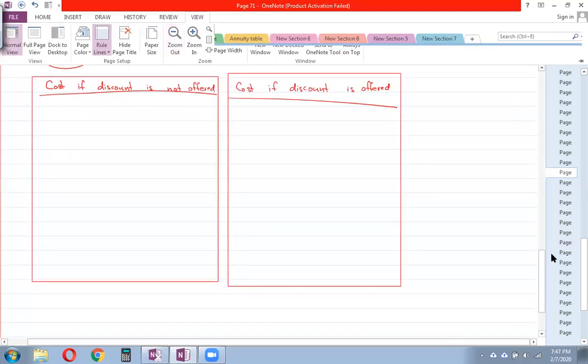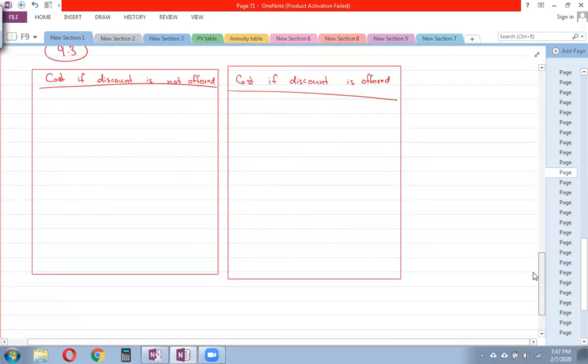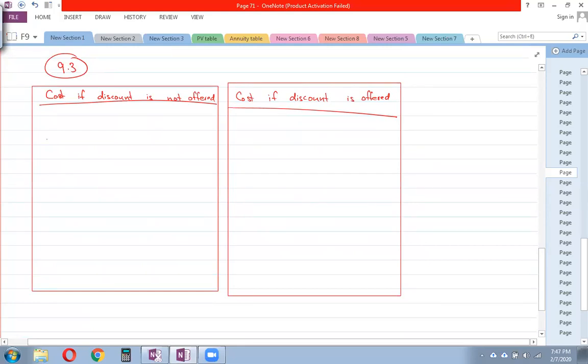So cost if discount is not offered, well, we have done this calculation over here. Our finance cost is 1.12 million, right? And we can do it again over here as well. So interest cost is receivables, which was 8 million, multiplied by the interest rate 14%, and our overall cost was 1.12 million, right?